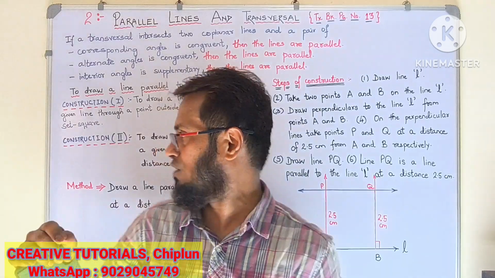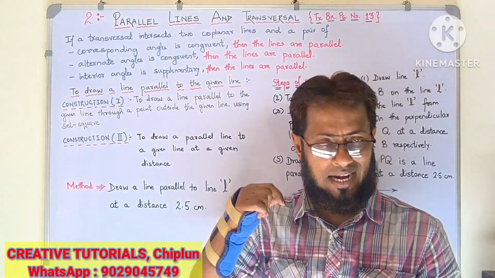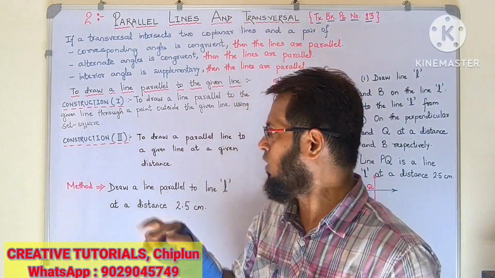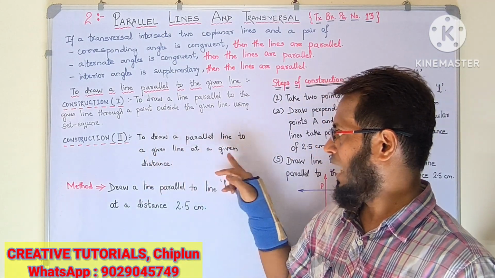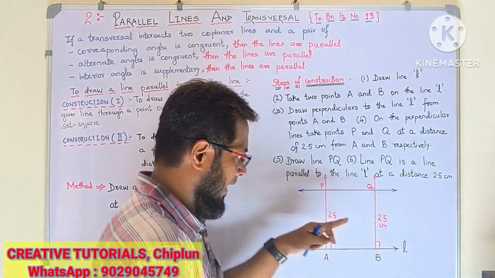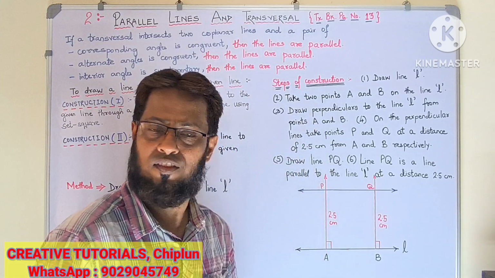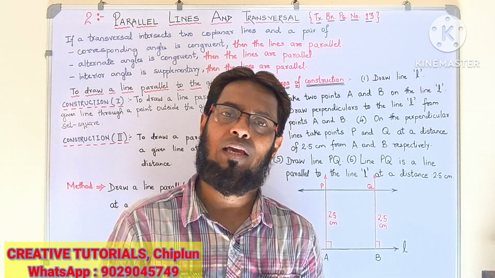And today's construction is number 2, that is to draw a parallel line to a given line at a given distance. So the line given to us is this one, and at a fixed distance 2.5. So same questions will come to you in your exams as well. What is the difference?